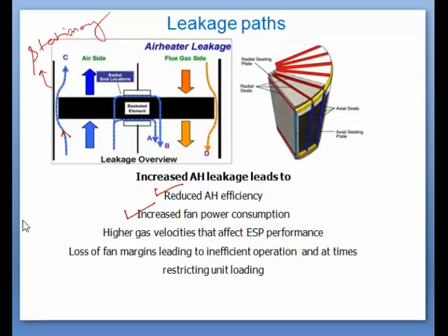ESP is designed for certain particular velocities, so these higher gas velocities because of the leakage can affect the ESP performance. And this loss of fan margins leads to inefficient operation, and at times restricts the unit loading. If the fans don't have margins, we have to run the power plant at a lower load.